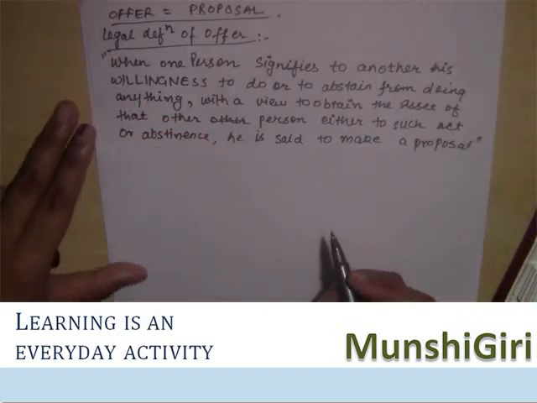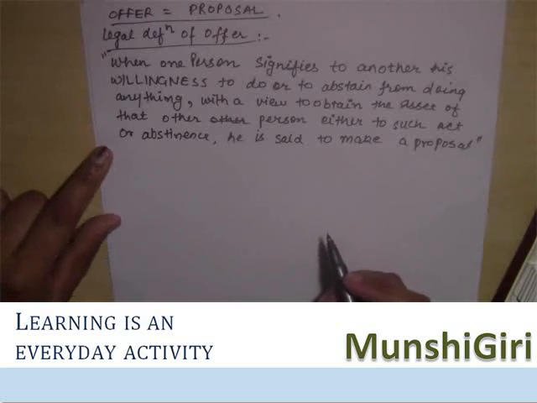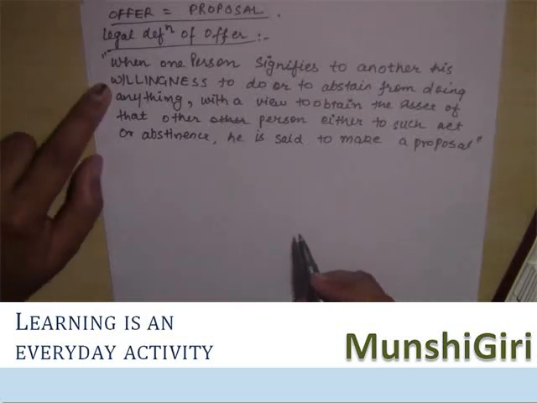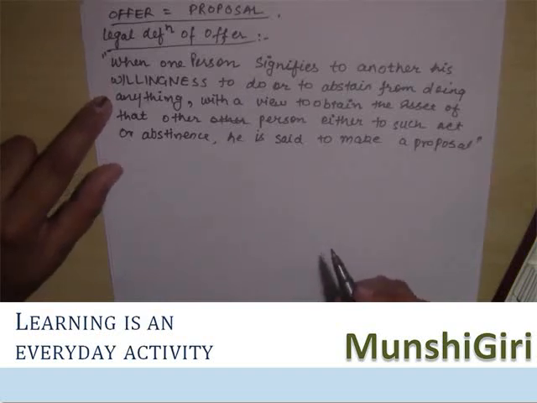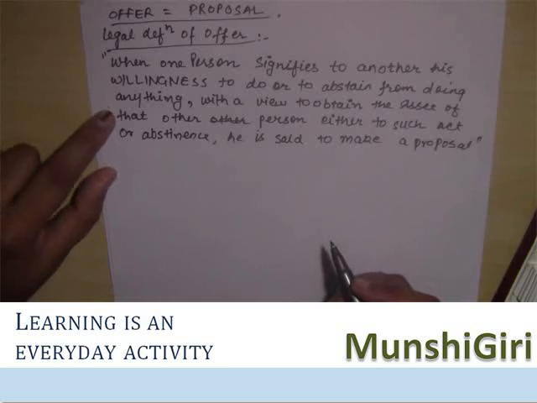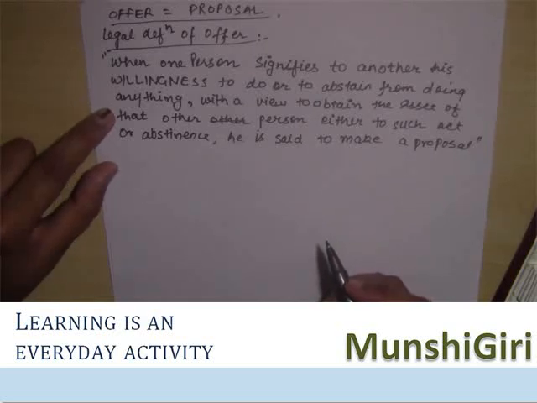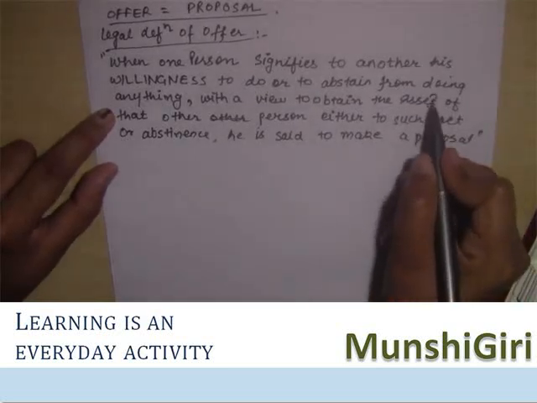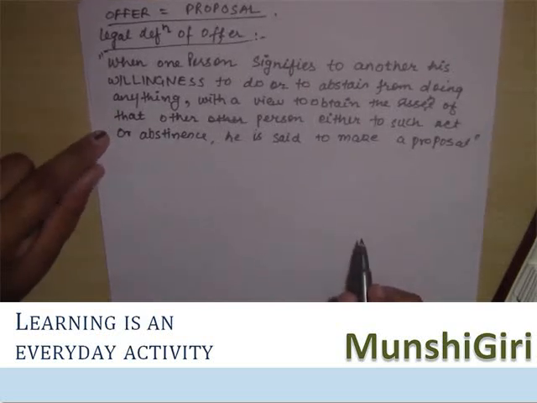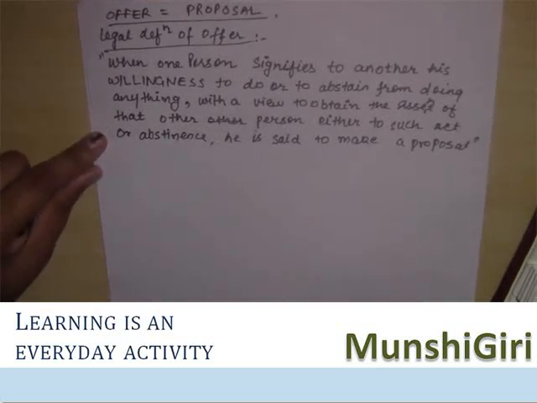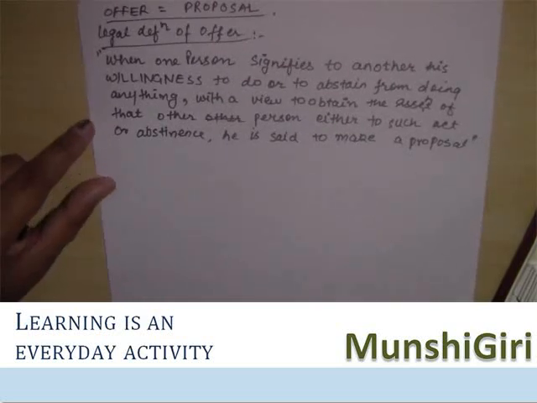Let's read the definition once again. When one person signifies to another his willingness to do or to abstain from doing anything with a view to obtain the assent of that other person, either to such act or abstinence, he is said to make a proposal.